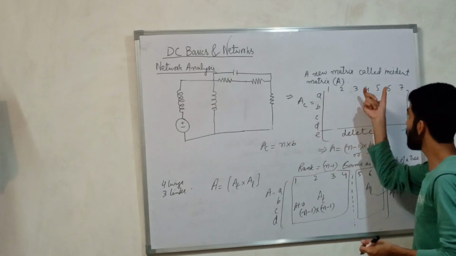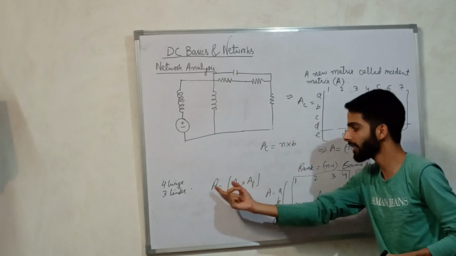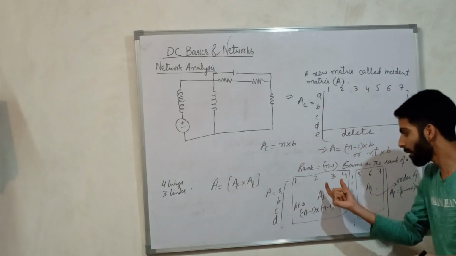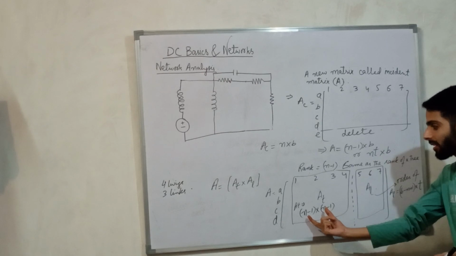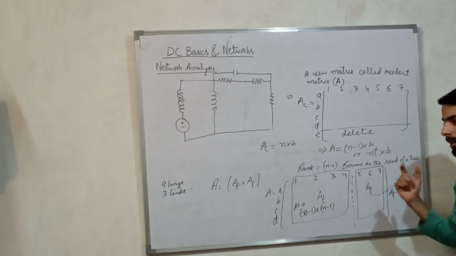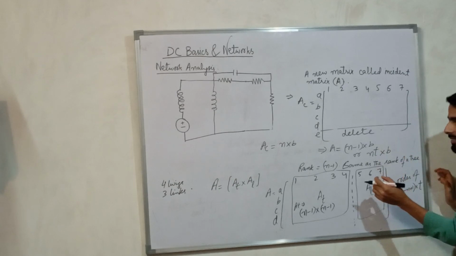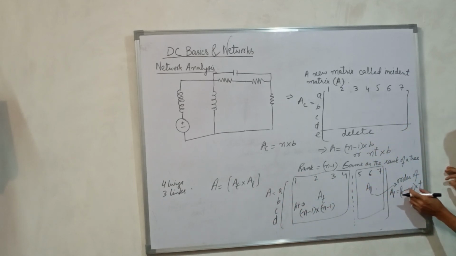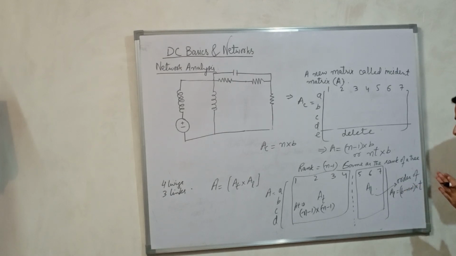So the new incident matrix is divided into a matrix of twigs and a matrix of links. The matrix of twigs is a square matrix of order n minus 1 into n minus 1, and the matrix formed by links will be of order b minus n plus 1 into b.